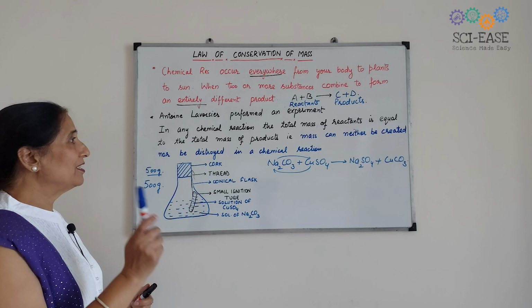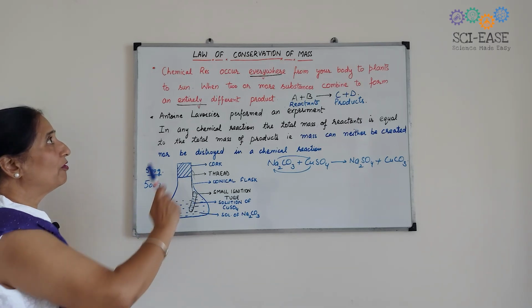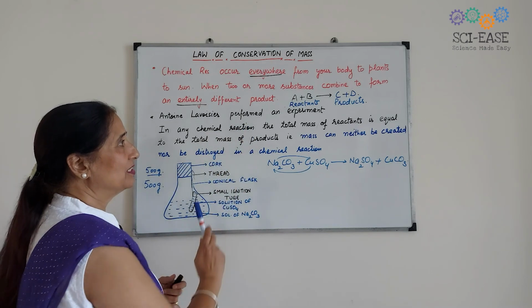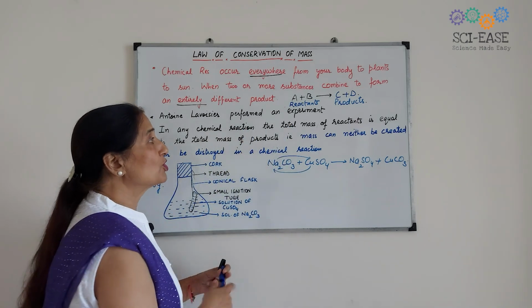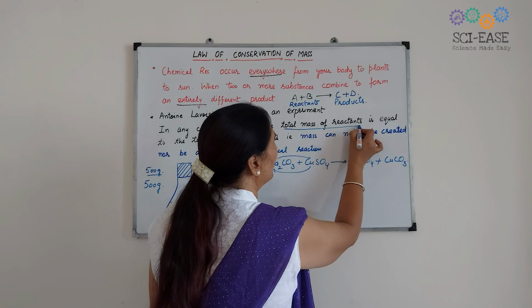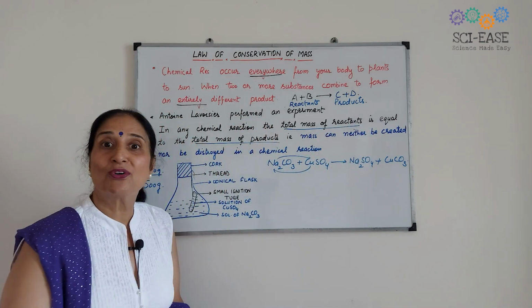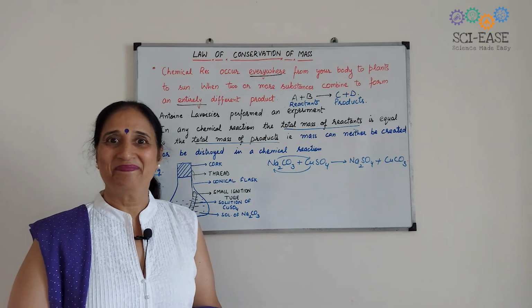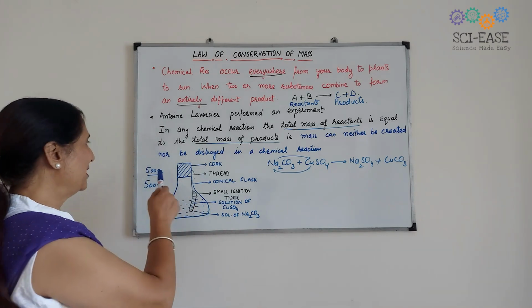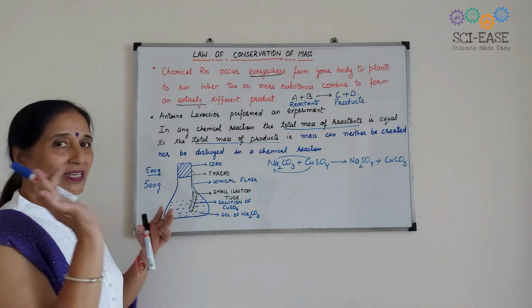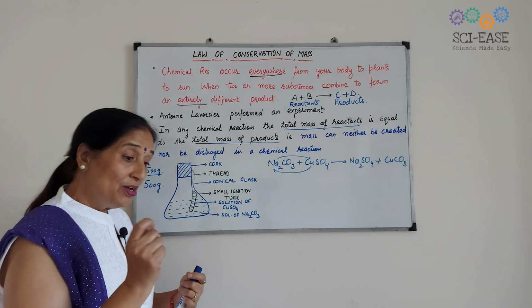So what is the definition of the law of conservation of mass? In any chemical reaction, the total mass of the reactants is equal to the total mass of the products. I told you that it was 500 grams for the reactants and 500 grams for the products when they are formed.